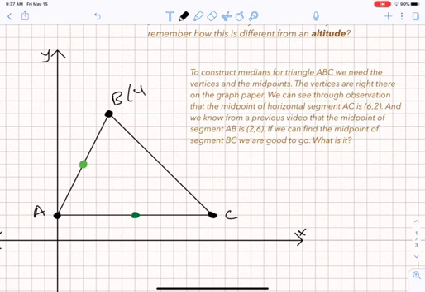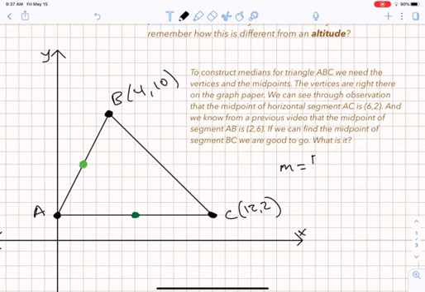This is 4, 10. This is going to be 12, 2. So the midpoint is the average of the x's and the average of the y's. I'm not going to even bother with the x1s plus x2s at this point. We did that in the last video. The x's are 12 and 4.